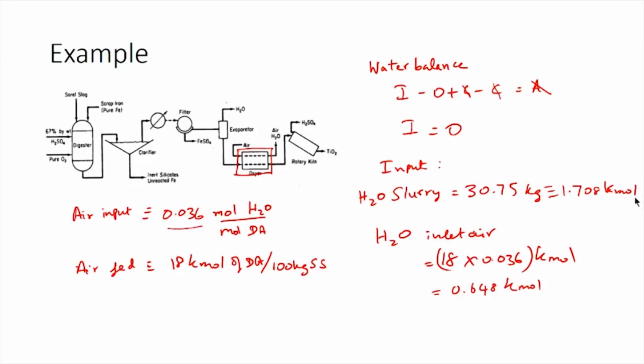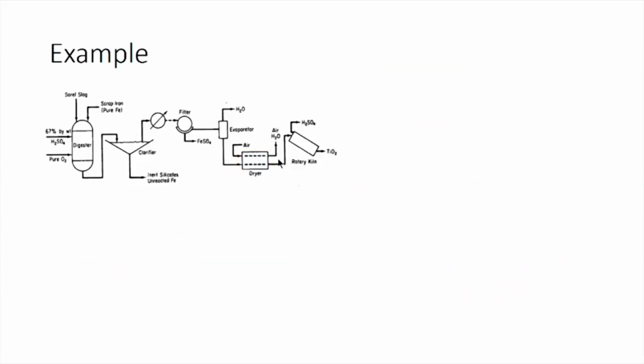So, we have now calculated the amount of water which is entering into the system. We now need to calculate the amount of water which is leaving the system in the form of water of hydration. Based on the stoichiometry, we know that TiOSO4 dot H2O is the hydrated crystals. This implies 1 mole of TiOSO4 uses up 1 mole of water as the water of hydration.